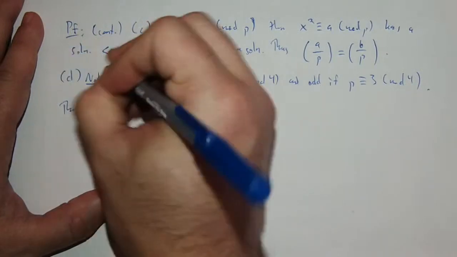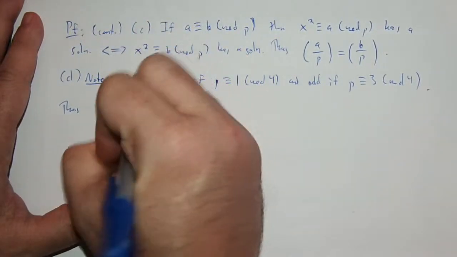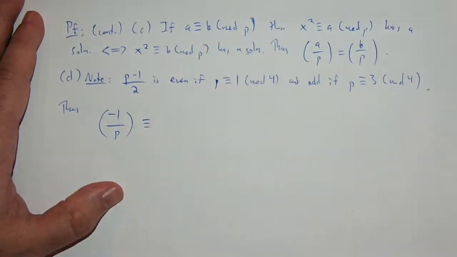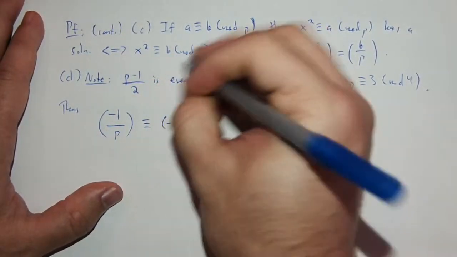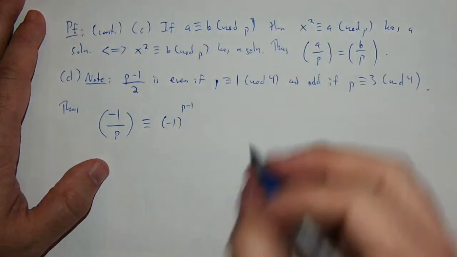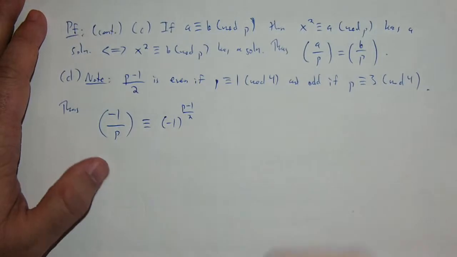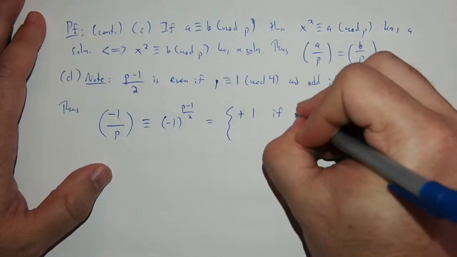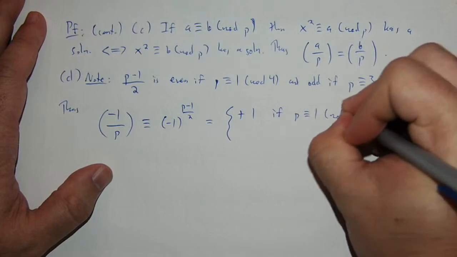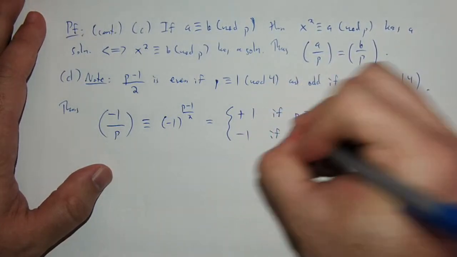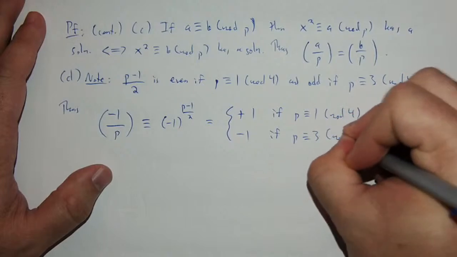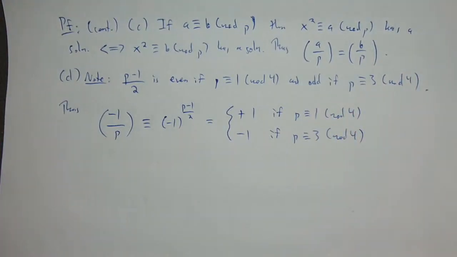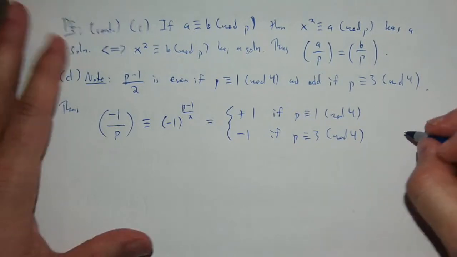Thus, minus 1 on P is congruent to, by Euler's criterion, minus 1 to the P minus 1 over 2, which is equal to plus 1 if P is congruent to 1 mod 4, and minus 1 if P is congruent to 3 mod 4, which is exactly that statement. So that proves my proposition.